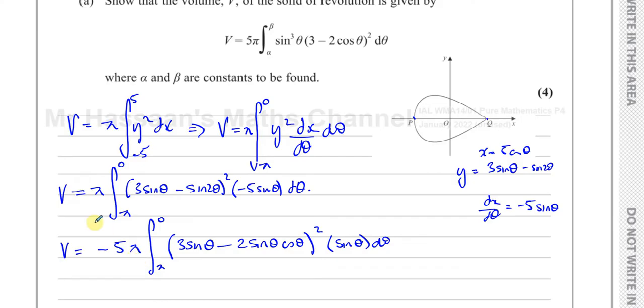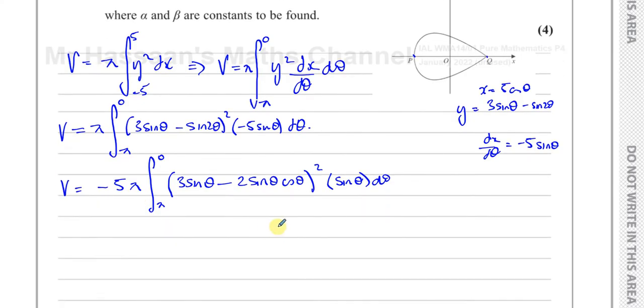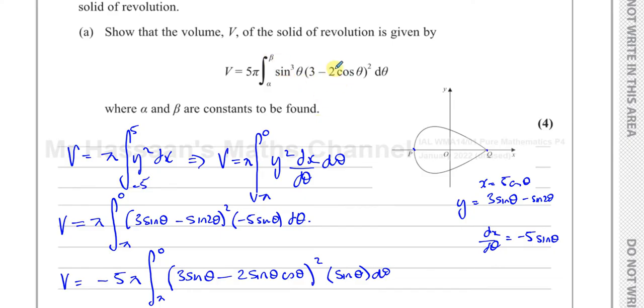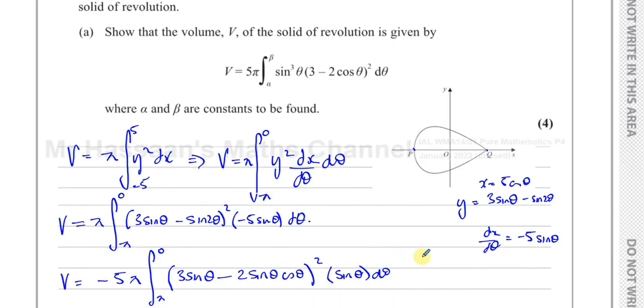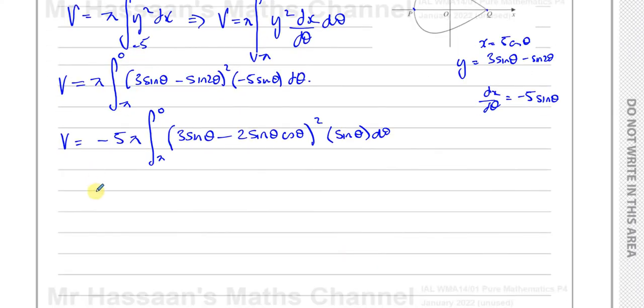Okay, so now we can try to simplify this, but remember, in the end we have to end up with something that looks like this form here. So we could expand this and then multiply everything by sine theta and then try to factorize it. However, what we can spot here is that there's a common factor of sine theta inside this bracket. So we can do a little trick here to make it easier.